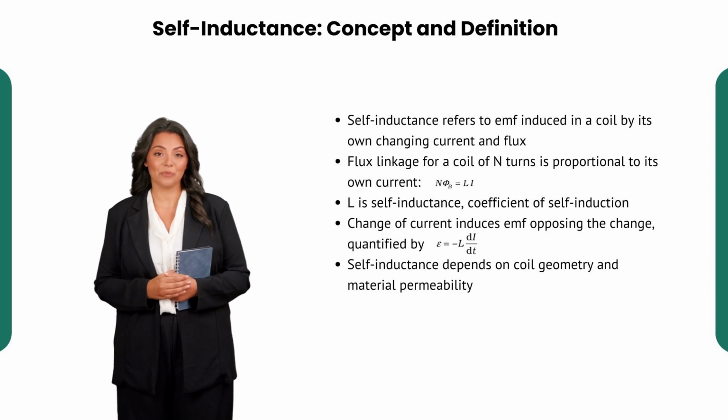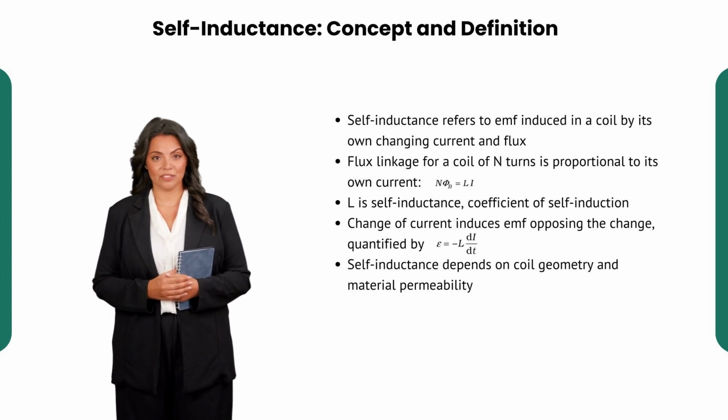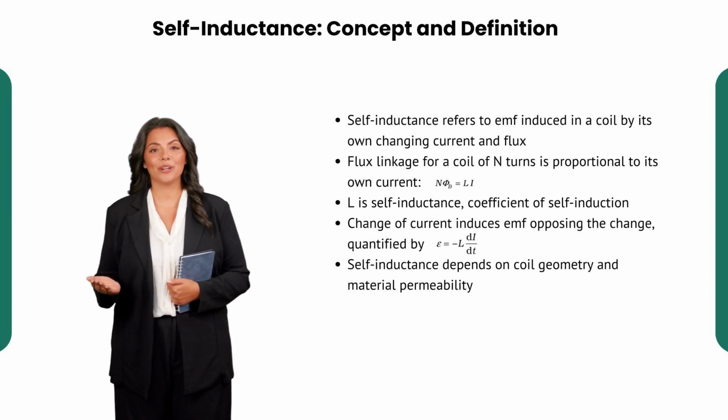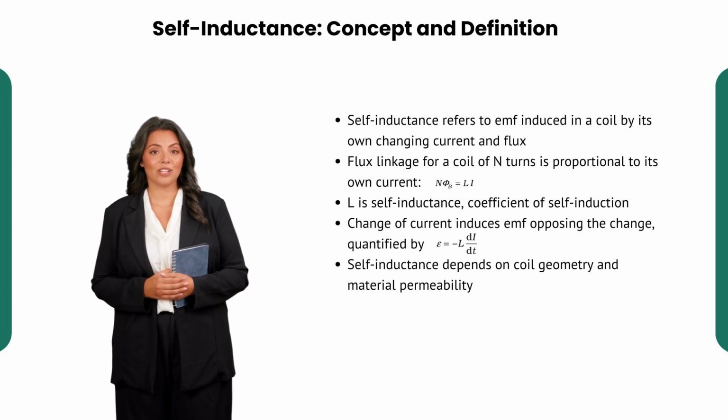Turning our attention inward, let's discuss self-inductance. Unlike mutual inductance involving two coils, self-inductance describes a coil inducing an EMF within itself when its own current changes. Physically, current through the coil creates a magnetic flux linking that coil's turns. This flux linkage is proportional to the current I, expressed by N Φ_B equals L times I, where L is the self-inductance or coefficient of self-induction.